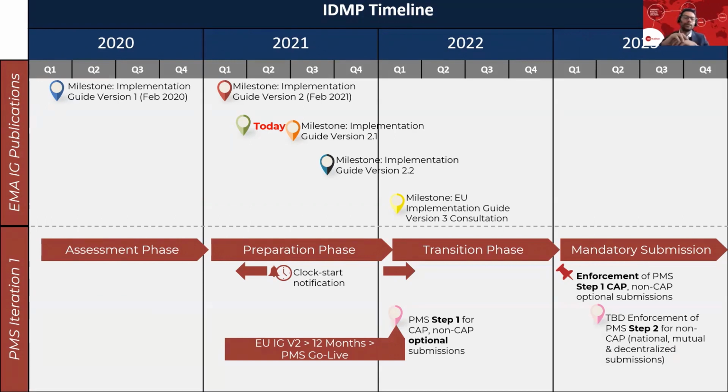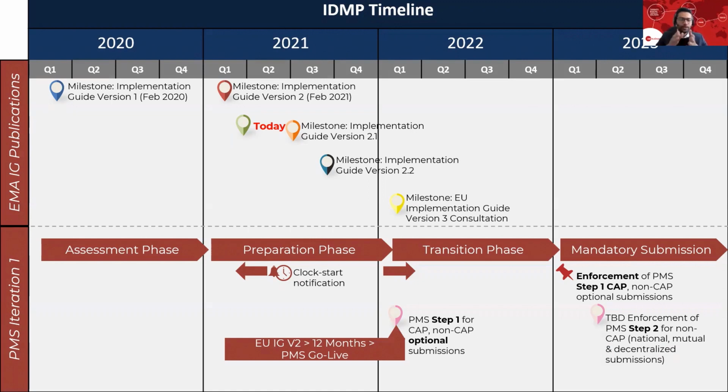In terms of PMS iteration 1, EMEA will be following a stepwise approach. For step one, we'll be focused on the centrally authorized procedure medicinal products, and then step two will be focused on the non-centrally authorized products like your national licenses, mutually recognized procedure products, and the decentralized procedure products.